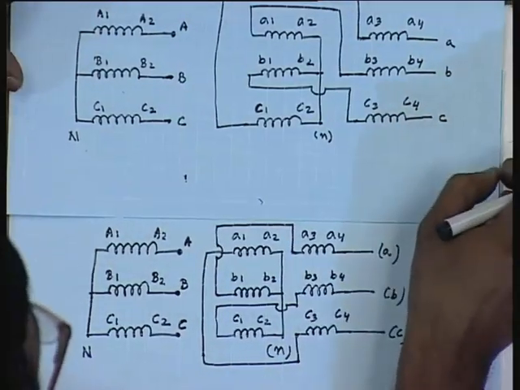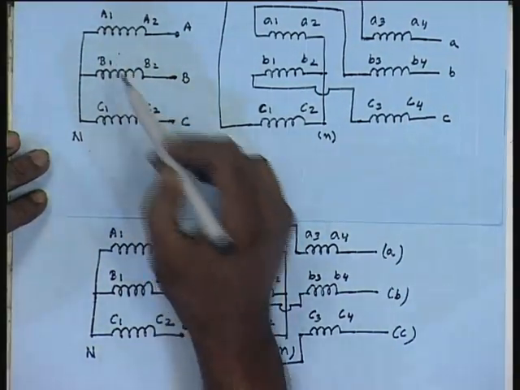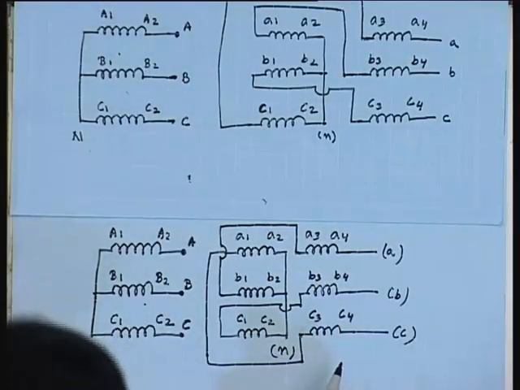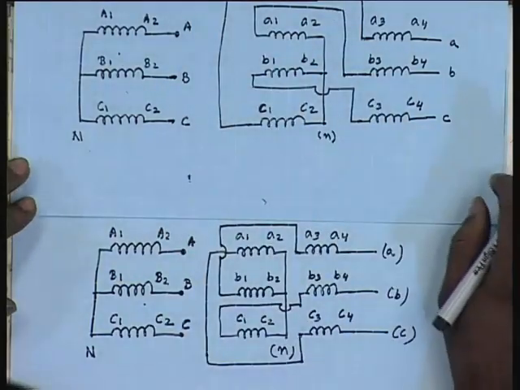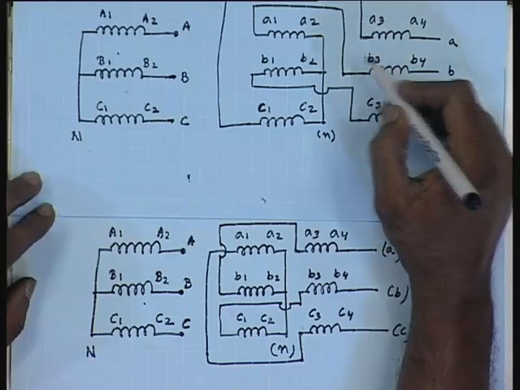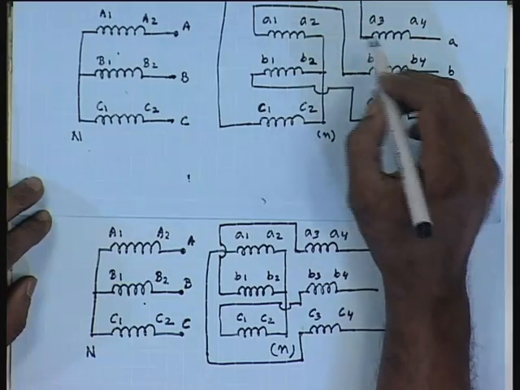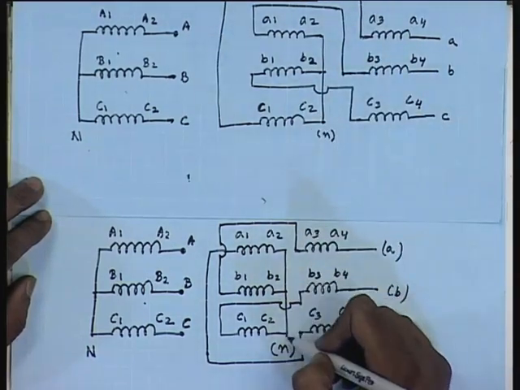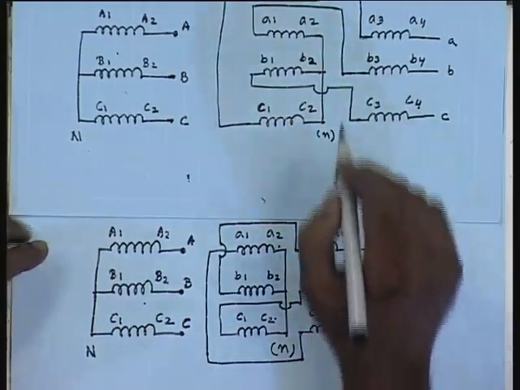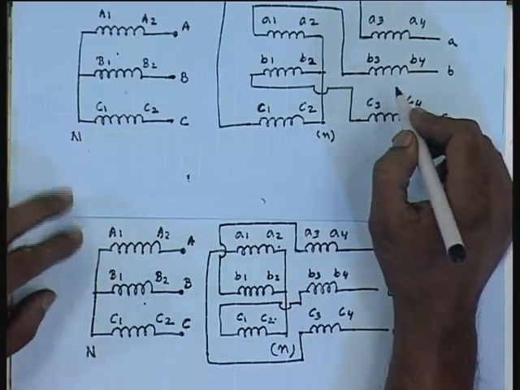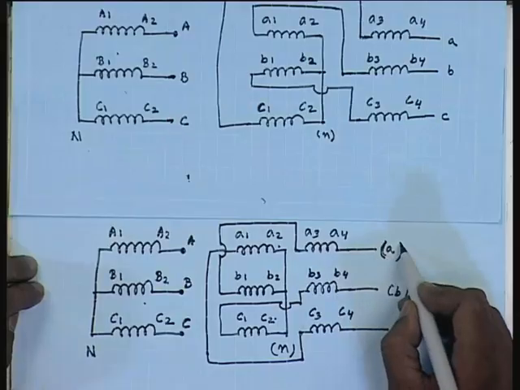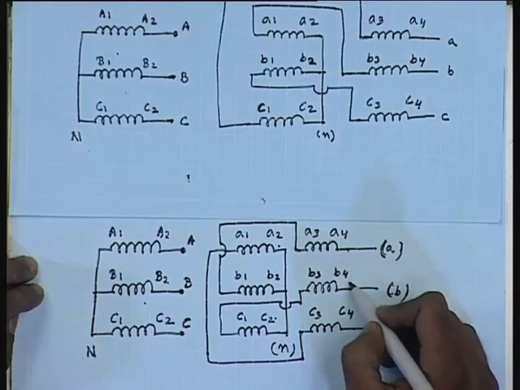We find that the high voltage side connection on both sides are identical, that is expected. On the low voltage side, in both cases the star point is formed by connecting A2, B2, C2, and the lines are obtained in both cases from A4, B4 and C4.